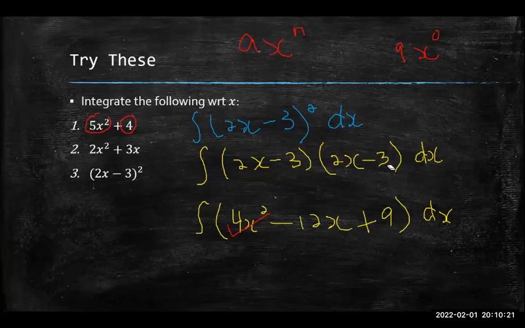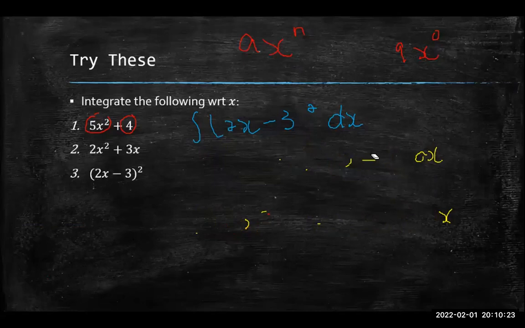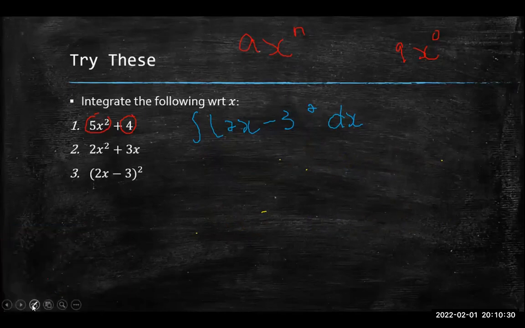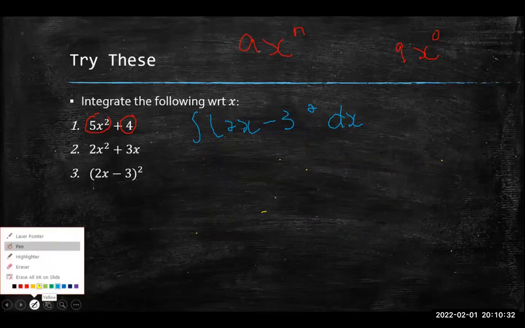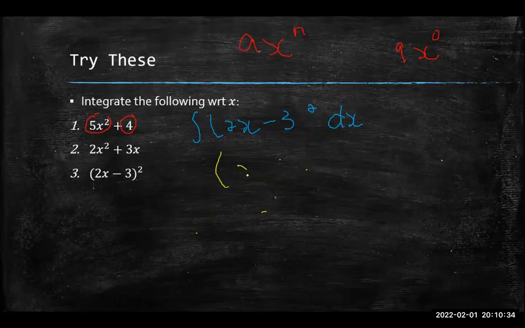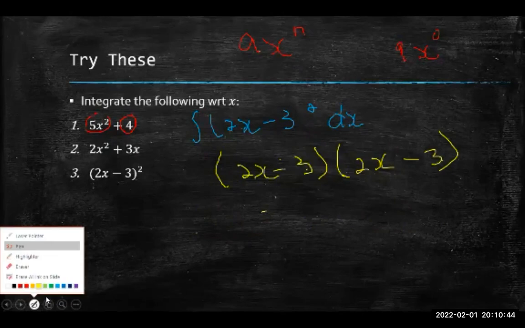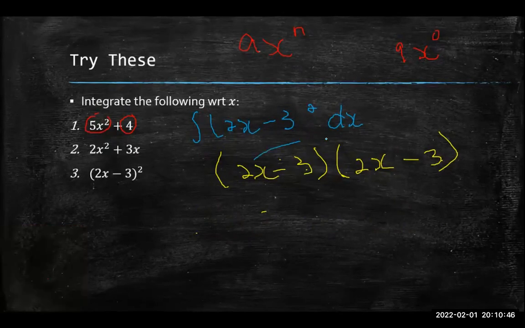So I'm using the distributive law to expand, right? (2x - 3)(2x - 3). How do you expand brackets? Distributive law. I take 2x by 2x, which gives me 4x squared.